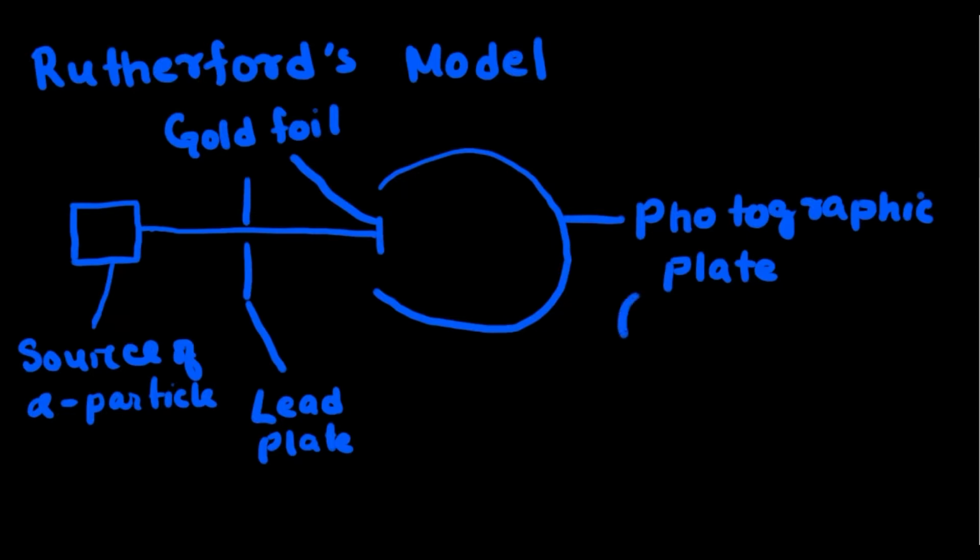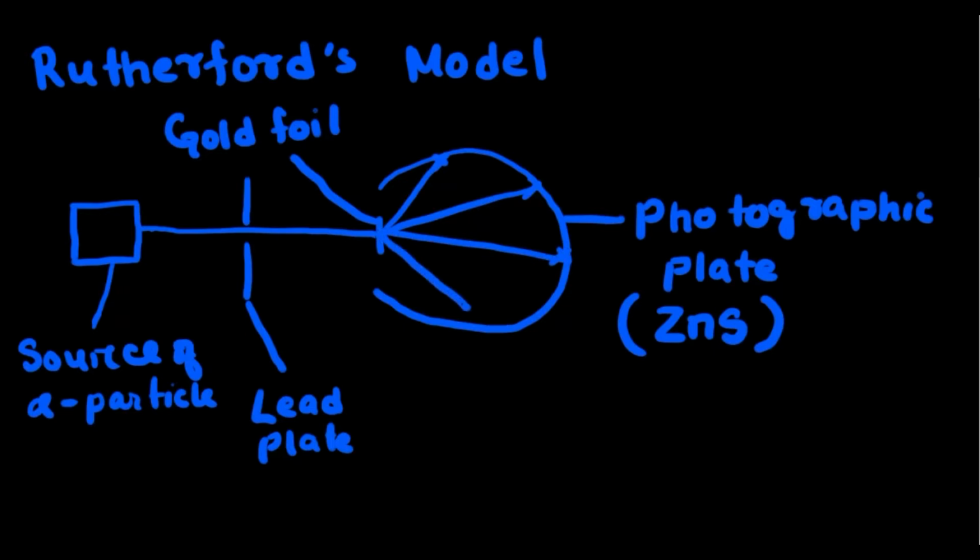This photographic plate is made up of zinc sulfide, and whenever the alpha particles struck the screen, a tiny flash of light was produced at that point. The results of this scattering experiment were quite unexpected.